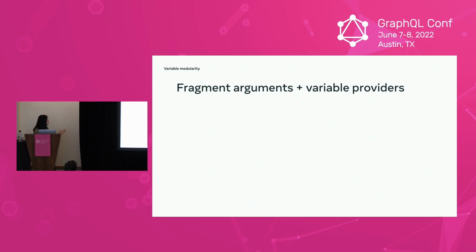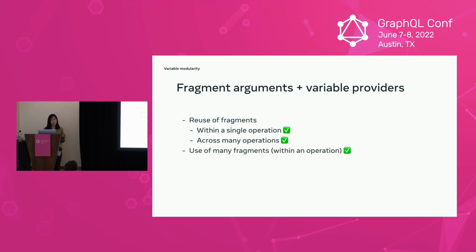So together, fragment level arguments and variable providers help us solve reuse of fragments across a single operation, across many different operations, and the use of many fragments within the same operation. If you've ever used many fragments within an operation, I don't know how many people here have, namespacing variables is a pain.